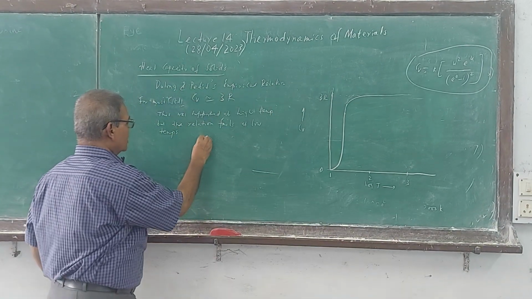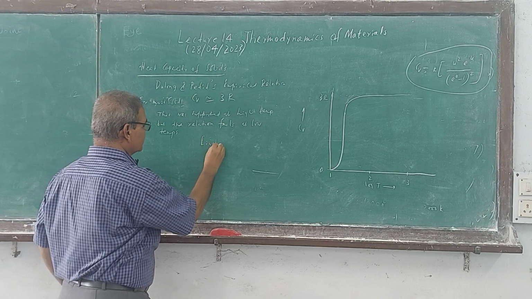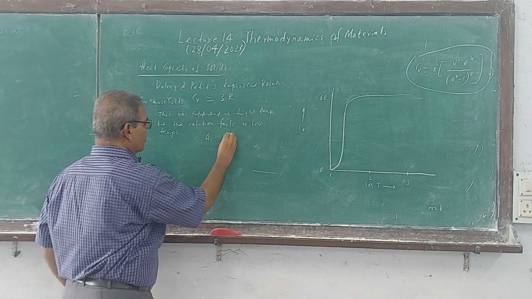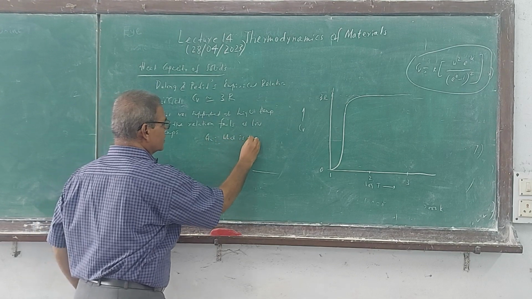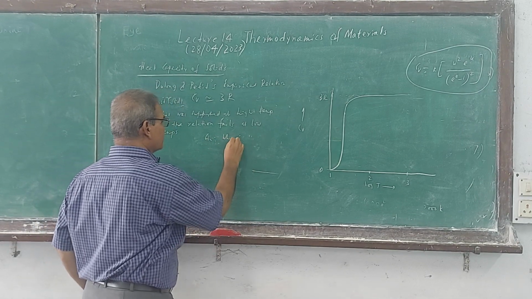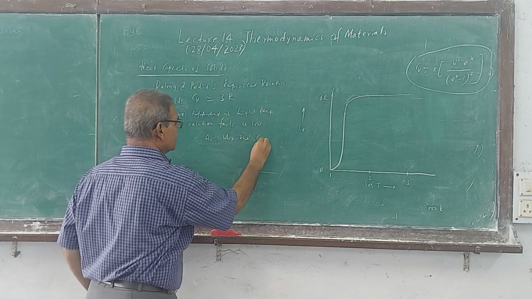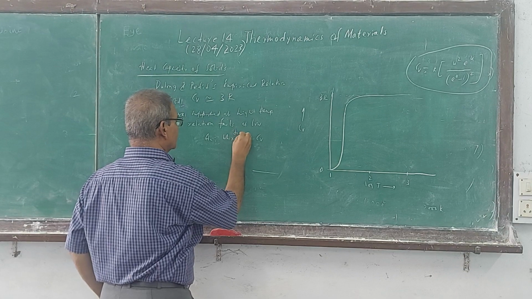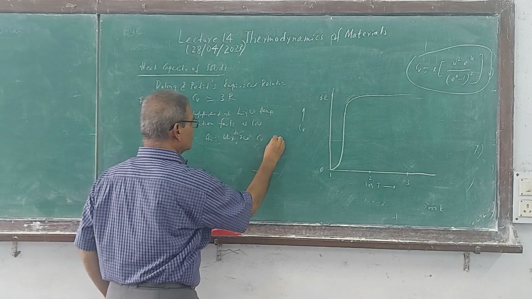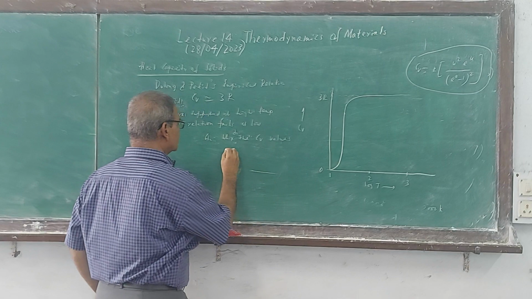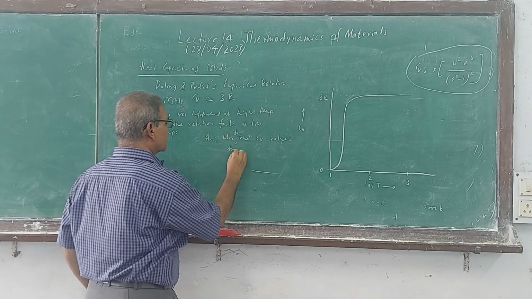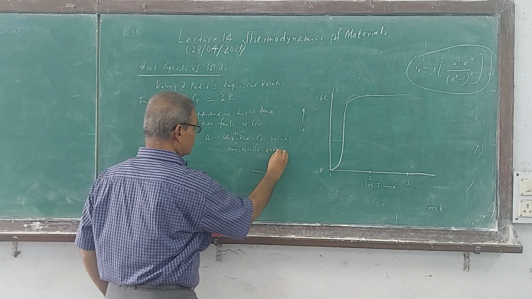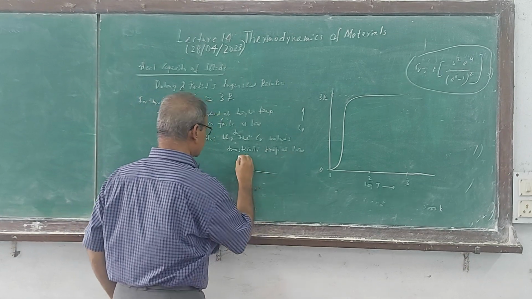The question is, why do the Cv values drastically drop at low temperatures.